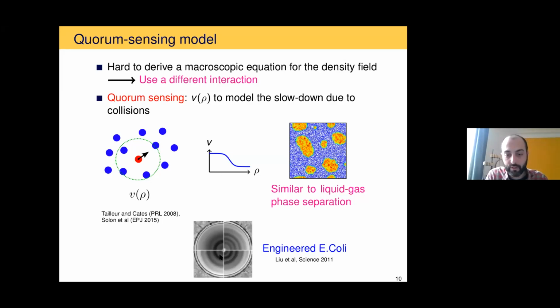And in this experiment, that's the kind of interaction that is used to make these high and low density rings that come from MIPS also. And this model is also the first model in which MIPS was observed, by Tailleur and Cates back in 2008.